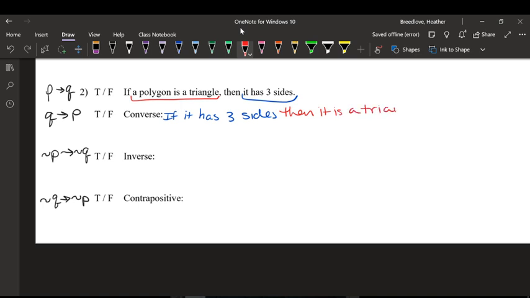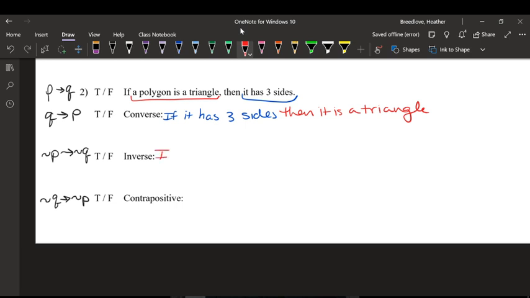I shortened it a little bit just for the sake of writing, turned polygon into it. Okay, so there's the converse. So inverse goes back to the original order, P then Q, but with negation.